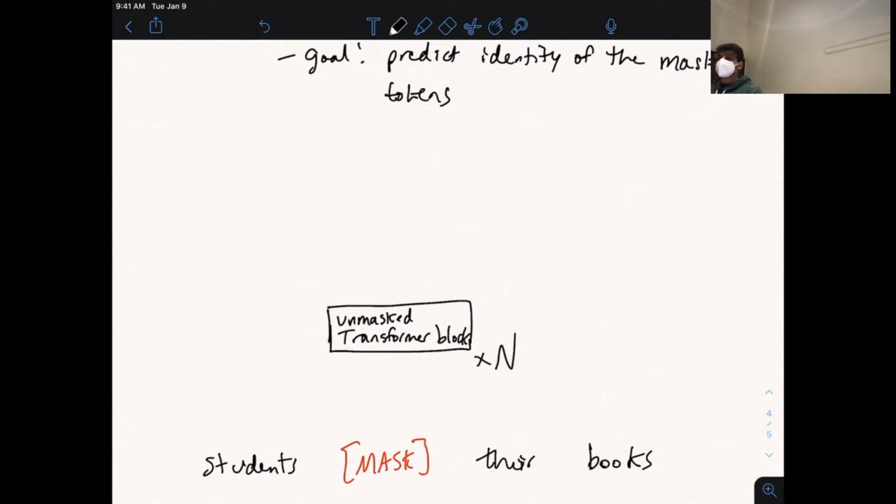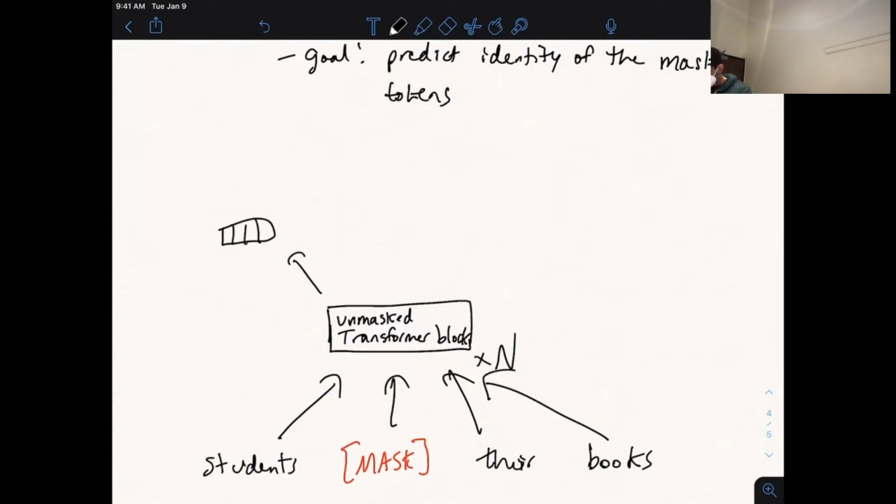We can stack as many of these things as we want, and the input is this. So of course we do the same thing. We add the position embeddings to these word embeddings, pass it through a lot of these unmasked self-attention transformer blocks with the residual connections and whatnot. And then in the end, we have our final layer token level representations of this sentence.